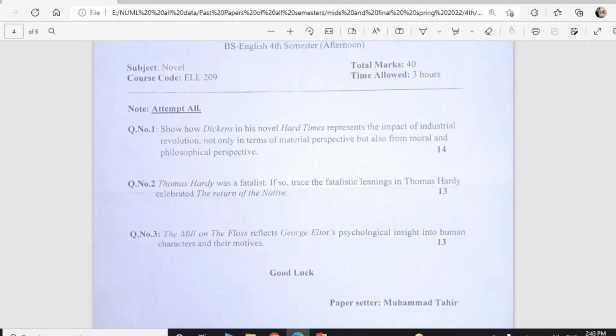Question number 1: show how Dickens in his novel Hard Times represents the impact of the industrial revolution, not only in terms of material perspective but also from a moral and philosophical perspective. Obviously this is a 19th century novel, and the impact of the industrial revolution is the main focus of the novel.